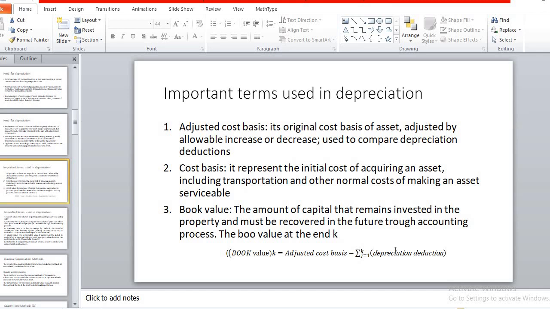That total amount, the purchase value plus transportation value plus other taxes, is nothing but the cost basis value. So it is the initial cost of acquiring that particular asset, considering all other expenses, transportation expenses, other taxes, etc.